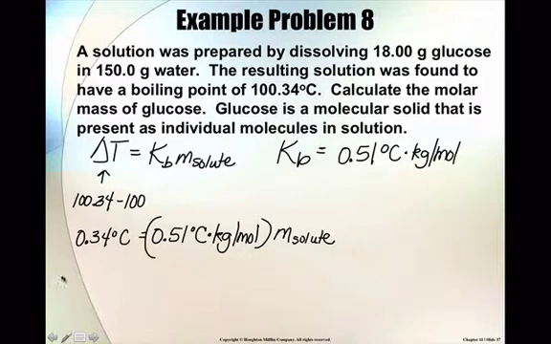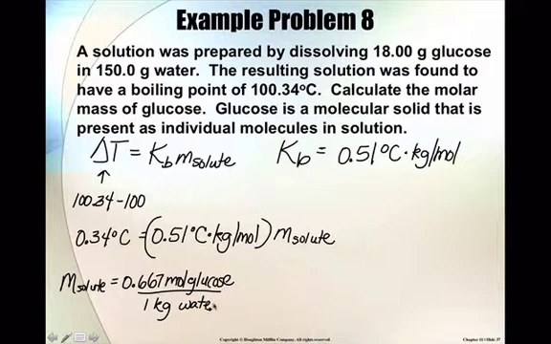So when I do that, the molality of my solute comes out to be 0.667 moles, and because this is glucose, this is the solute, I'm going to add that in, per 1 kilogram of the solvent, which in this case is water. So that's what we just found.